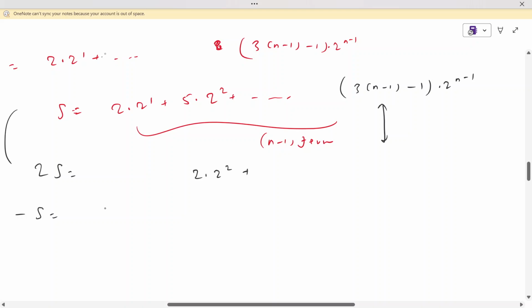So minus S should be equal to 2 into 2 to the power 1 plus 3 into 2 square, and so on and so forth, till 3 into 2 to the power n minus 1. And when this particular sum is multiplied by the common ratio, I mean the 2 again, I will subtract. So what am I getting?